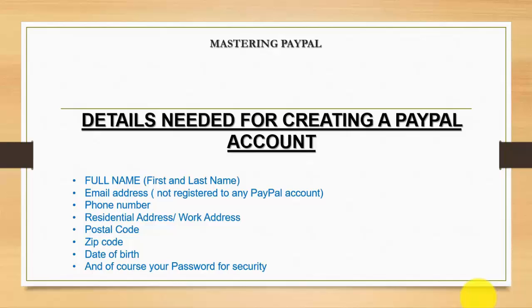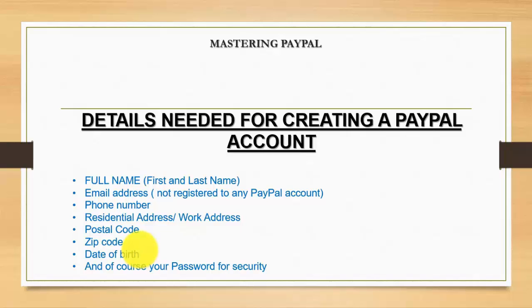You will need a zip code. In Ghana, in some parts of Africa, it doesn't work, especially Ghana. So the zip code we use generally is 00233. You'll know that later in the course of this tutorial. You also need your date of birth.